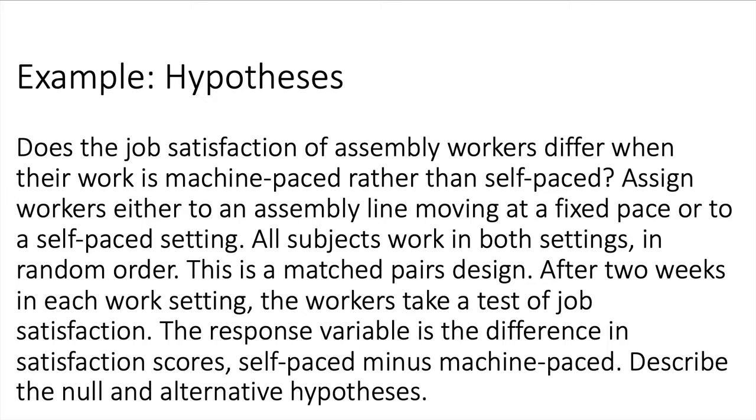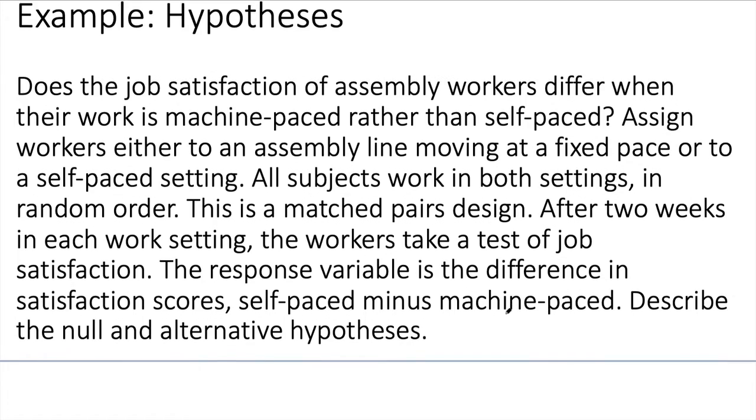We're pairing the individual workers to themselves in both the fixed-paced or self-paced settings. After 2 weeks in each work setting, the workers take a test of job satisfaction. The response variable is the difference in satisfaction scores, self-paced minus machine-paced. Describe the null and alternative hypotheses.